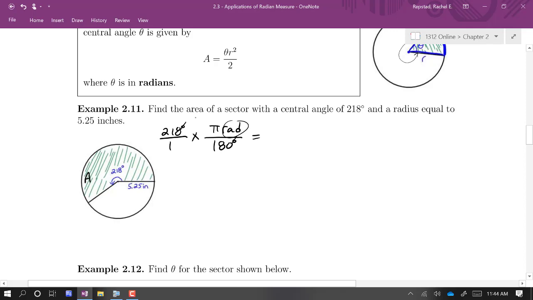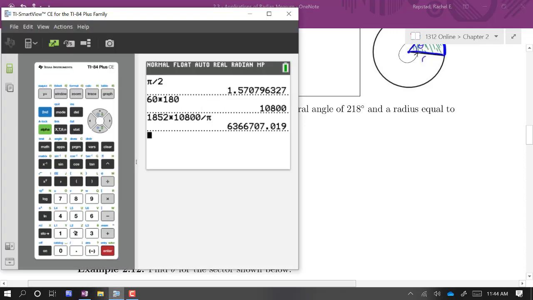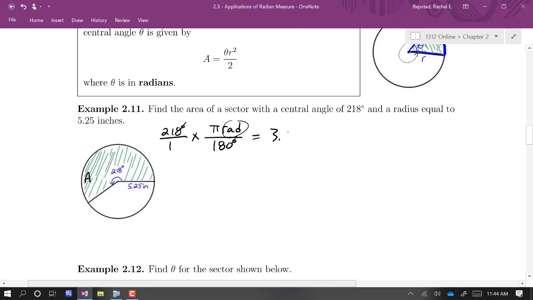So 218 times pi over 180 is approximately 3.805 radians. So that's what we'll use for theta.